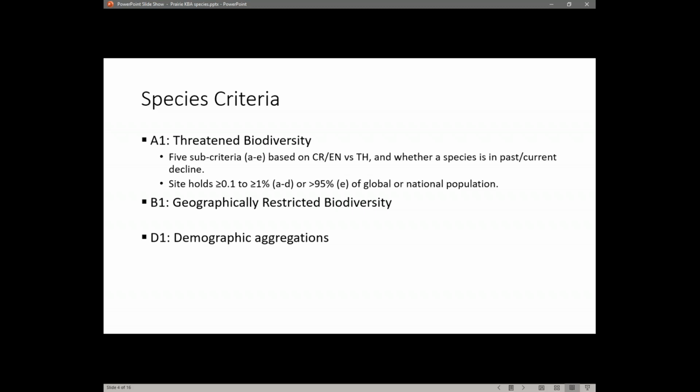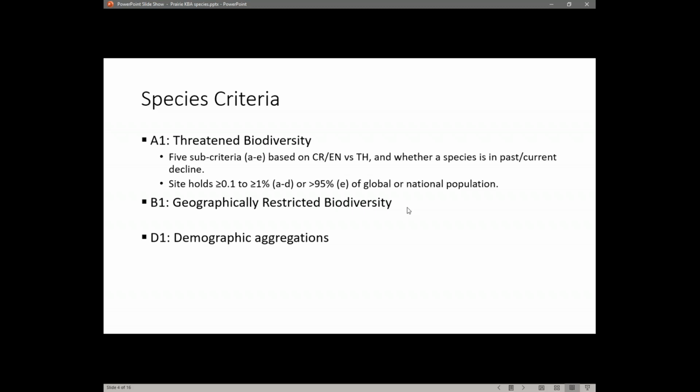In terms of the thresholds for those sub-criteria, if they seem like small numbers, a site can qualify if it holds somewhere between 0.1 and 1% of the global population of a species. That varies within those 4 sub-criteria, or 95% if it holds effectively the entire global population. That site would qualify under an A1E category.